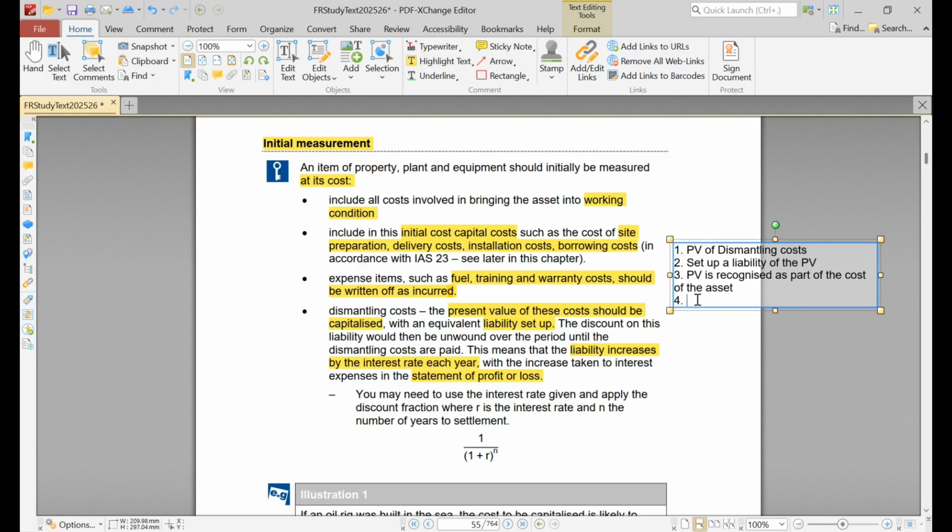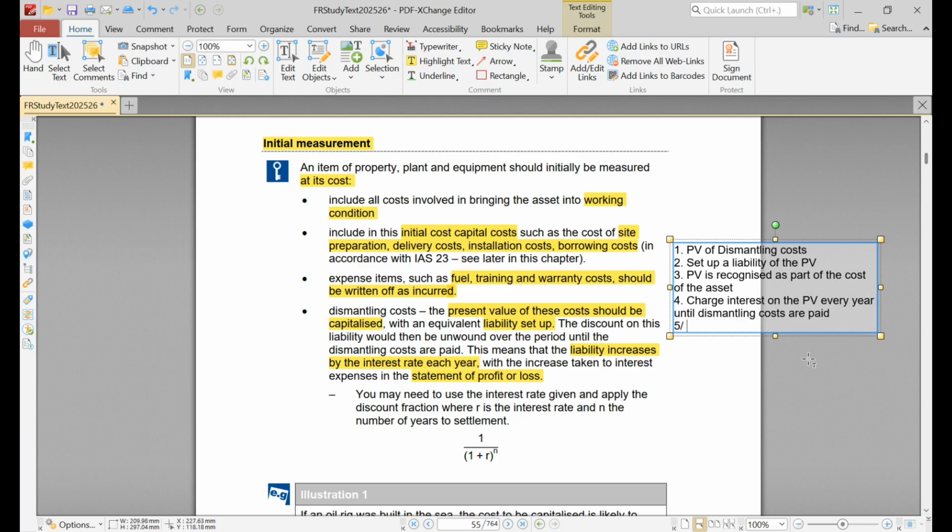So that basically means that you have to charge interest on the present value every year, until dismantling costs are paid.